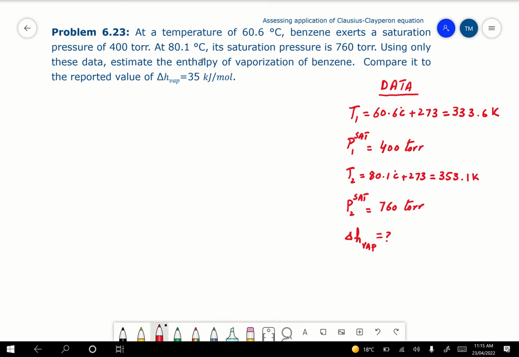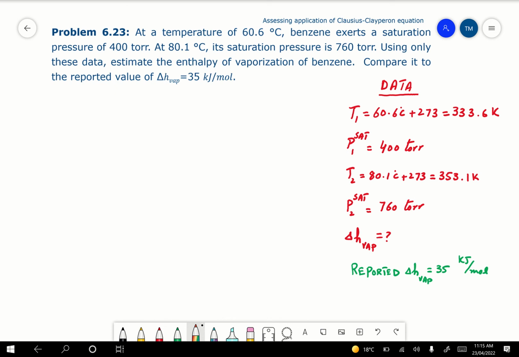So whatever answer we get, we need to compare that with the reported delta H of vaporization, 35 kilojoule per mole. It should be in units of kilojoule per mole, because that's how we can compare.